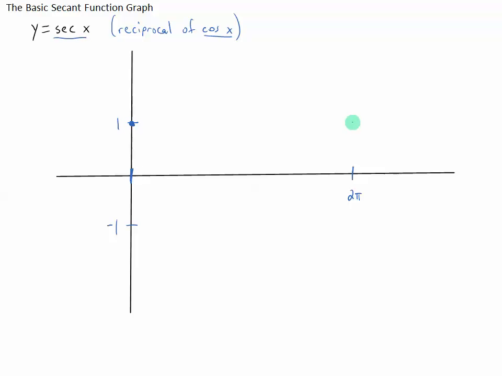And whenever the angle x is 2 pi, you're back at 1. Halfway between, at pi, using symmetry, we're down here at -1. And then halfway between 0 and pi, so at pi over 2, we have to be between 1 and -1, which is 0. We do the same thing over here, which would be 3 pi over 2.